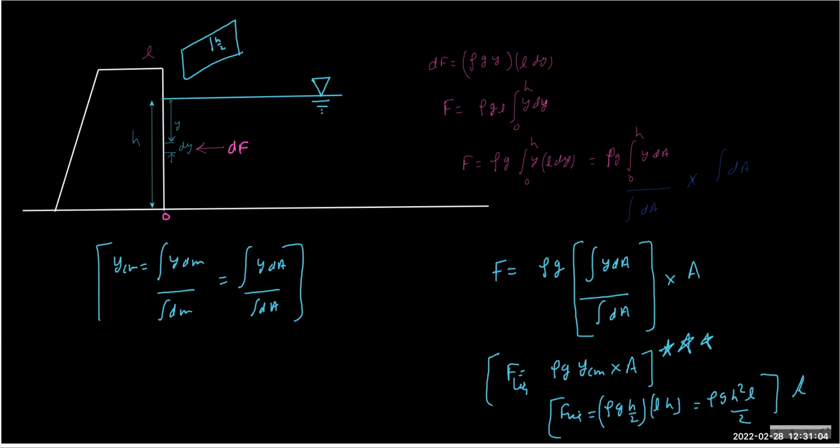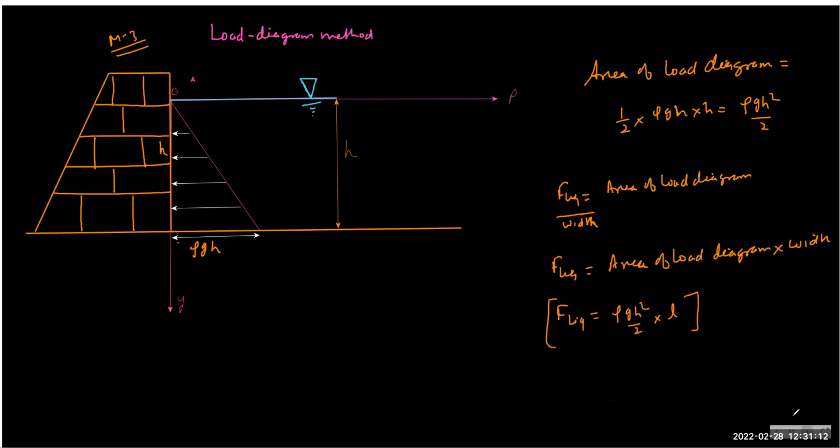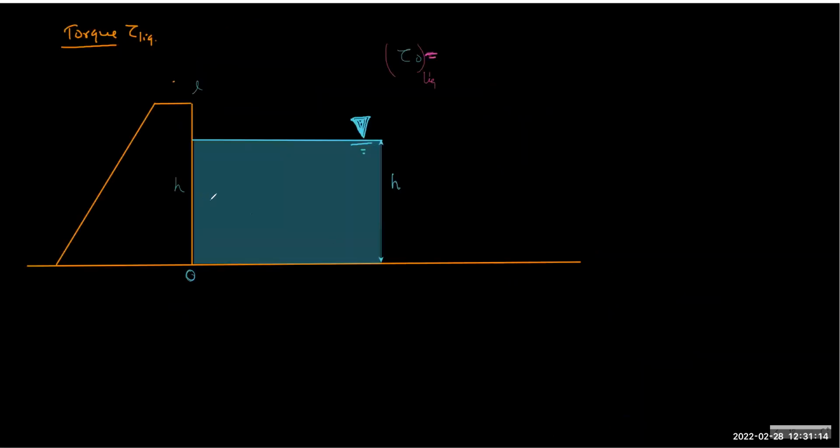So let me show. This height is h minus y. So if you choose a point y below, and the force is dF, the torque about the bottom will be force into the distance from the bottom, right? That's simple.